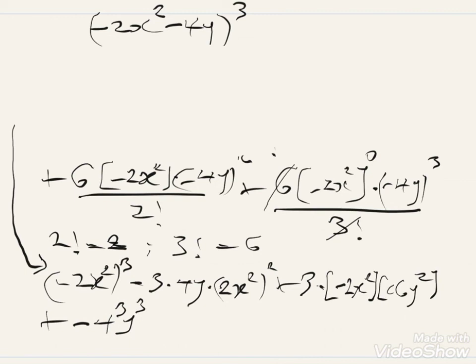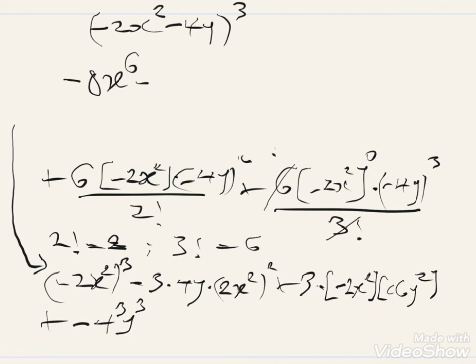Now here (-2x²) all cubed will be (-2)³, which is minus 8, x to the power 2 times 3, which is 6. Okay, then for the second term I have minus. 3 times 4y gives me 12, so 2 times 4, 12.